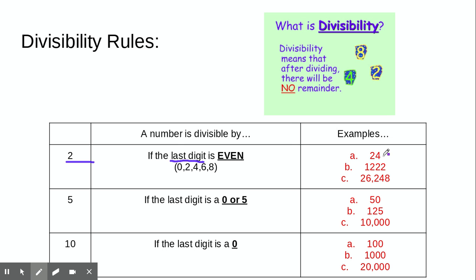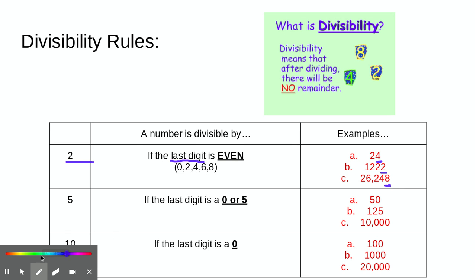An example of a number that's divisible by 2 is 24, because 4 is our last digit and it's even. 1222 is also divisible by 2, because the 2 is the last digit and that's also even. How about C? Is 26,248 divisible by 2? Yes, it is, because our last digit ends in an 8, which is even.